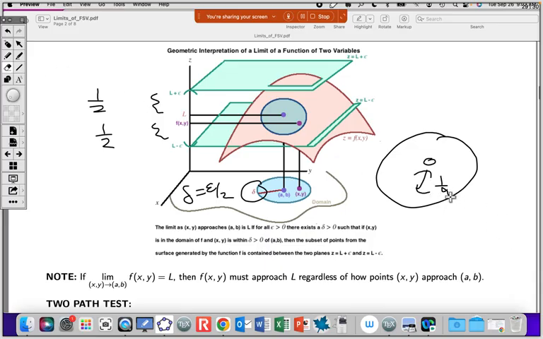All right? No matter what your epsilon is, you can get close enough. And it doesn't matter what path you choose then, because no matter what path you choose to get to the origin, you're going to eventually have to come within this circle. You follow? And so by setting up the epsilon delta, you take care of all the different paths.